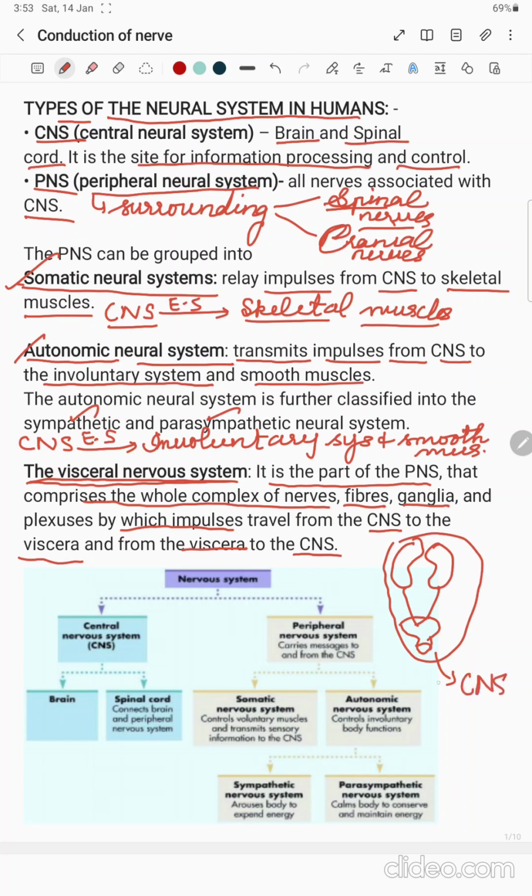Then the central nervous system will send the signal in the form of nerve impulses to the target organ, so that the elimination of waste product can easily occur. This is how our visceral nervous system functions. It is the part of the peripheral nervous system that comprises the whole complex of nerves, so each and every nerve included in our body.